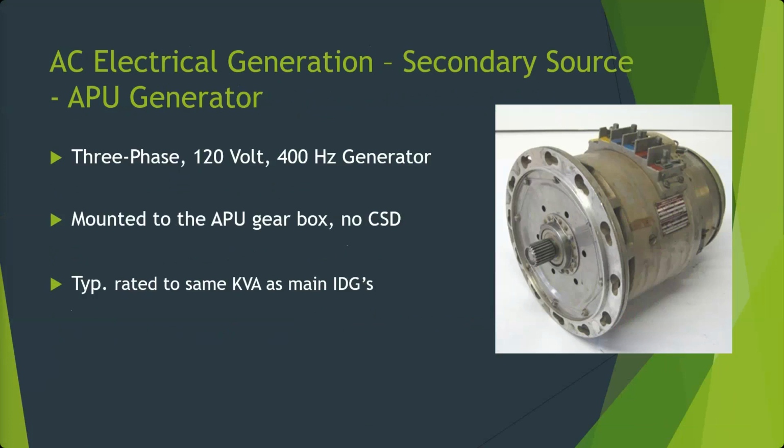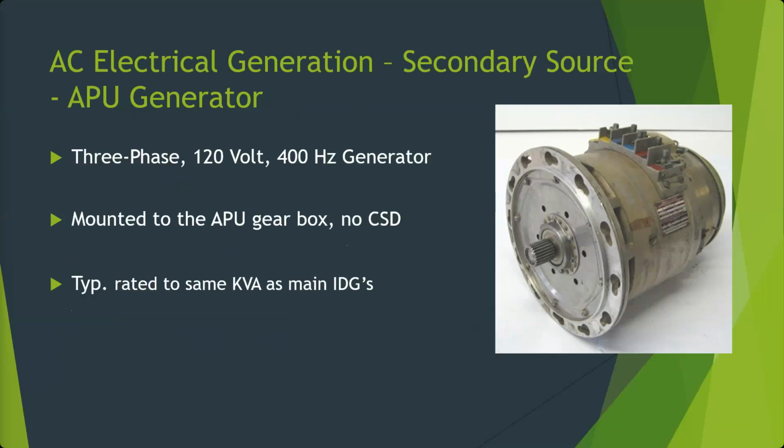Okay. APU generators work the same way. They have probably more in common with those wild frequency generators than anything. But they're going to put out a constant three-phase 120 volt, 400 hertz. But they don't have a constant speed drive. Why don't they need a constant speed drive? The APU runs at a constant speed.